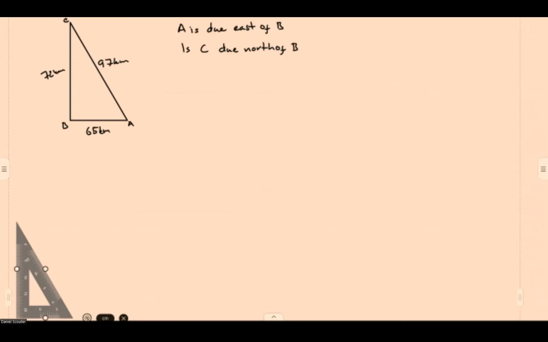Now this makes the assumption that you know your points of a compass. You've got your 4 points of a compass. That makes the assumption that you know in between each point of a compass is a right angle.